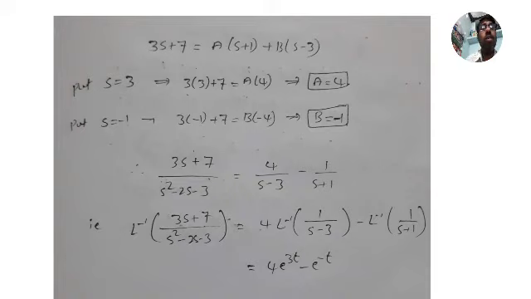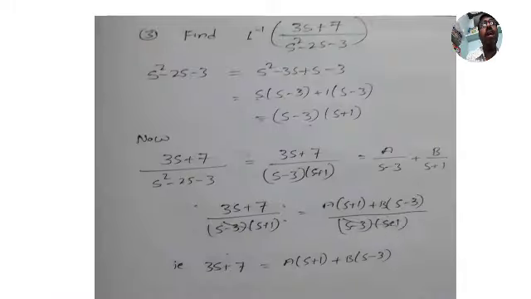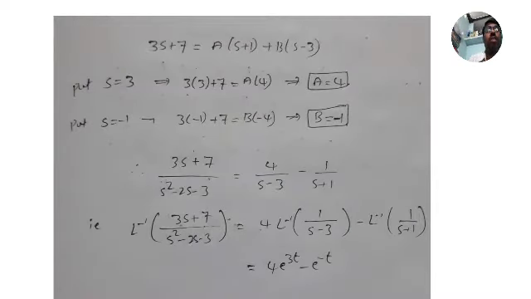This is unable to cover in one slide, that's why half of the problem we covered in the first slide and the next half we are covering in the second slide. So a equal to 4 and b equal to minus 1. Substitute and apply the standard formula of inverse Laplace transform. That gets the answer 4 into e power of 3t minus e power of minus t. Very simple. Are you able to get it?